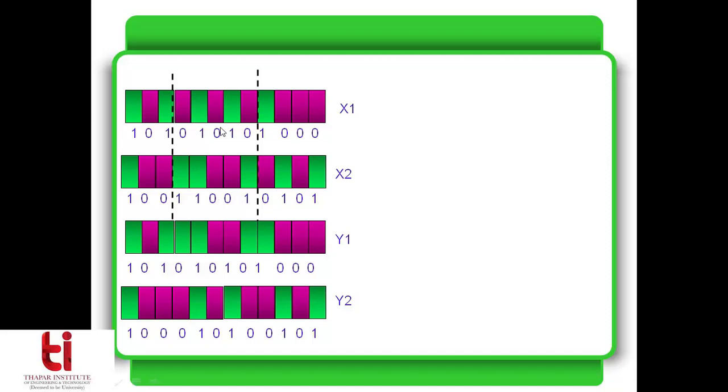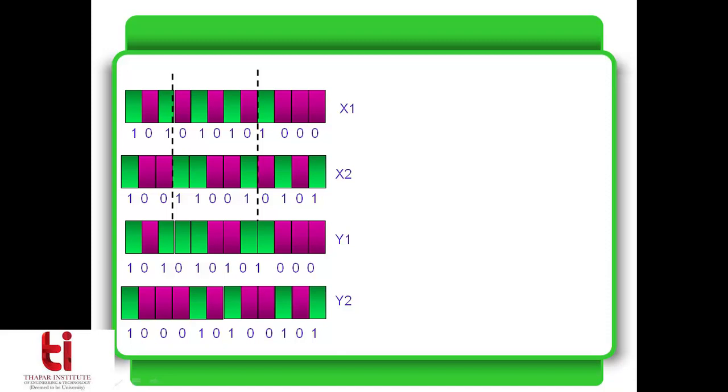Again, whenever I am using a non-uniform division of the chromosome for crossover, I have to remember that I can only swap the parts which are equal in length. I cannot change the length of the chromosome. So this has to be followed strictly.